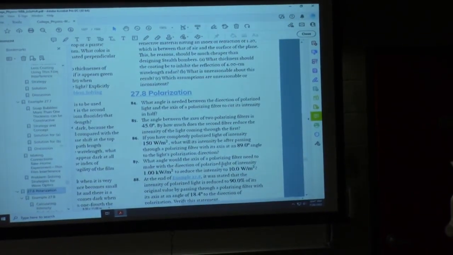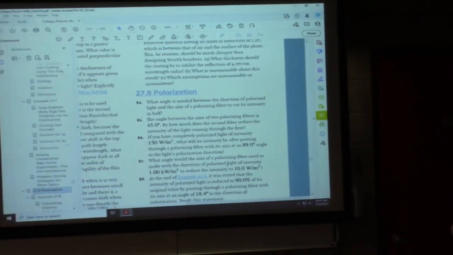All right, so 87 says, what angle would the axis of the polarizing filter need to make with the direction of the polarized light of intensity 1 kilowatt per square meter, and then you reduce it down to 10 watts per square meter?